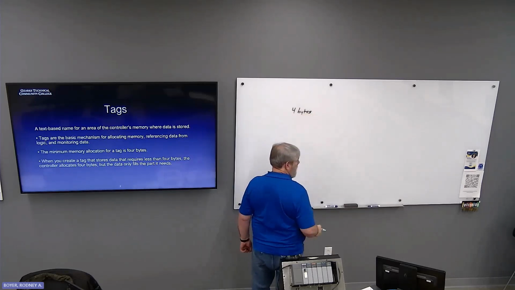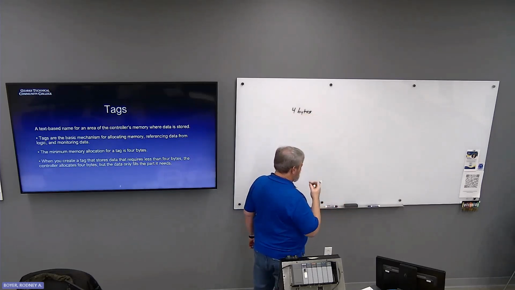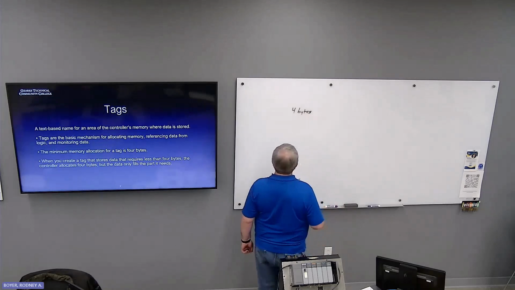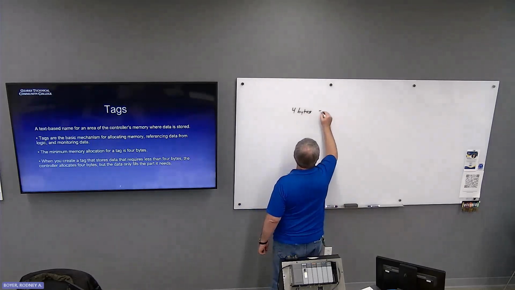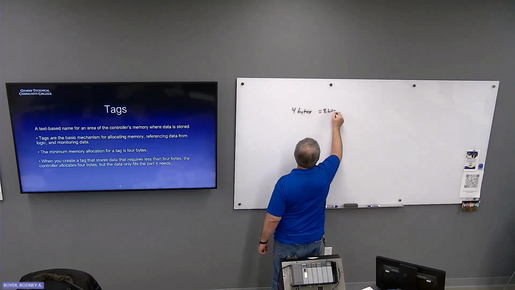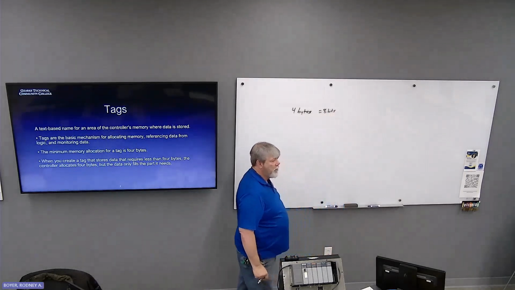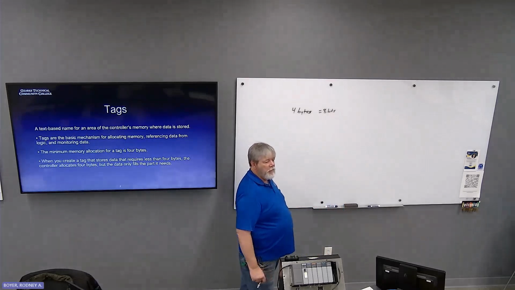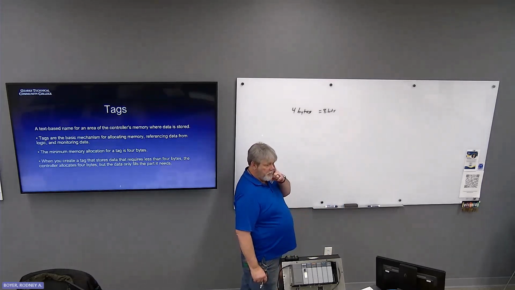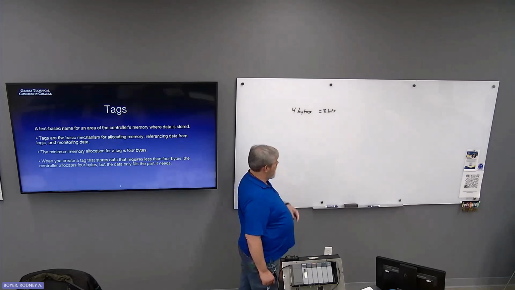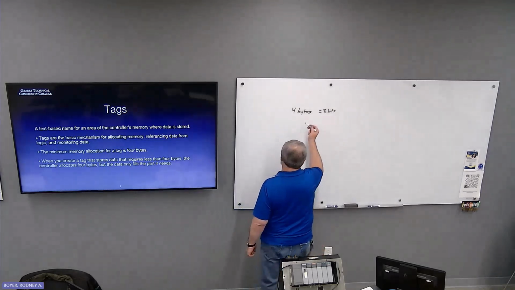A minimum of 4 bytes, and each byte is 8 bits. What is the minimum memory allocation for a tag? How many bits? 32. 4 times 8, 32. At least it was where I went to school.